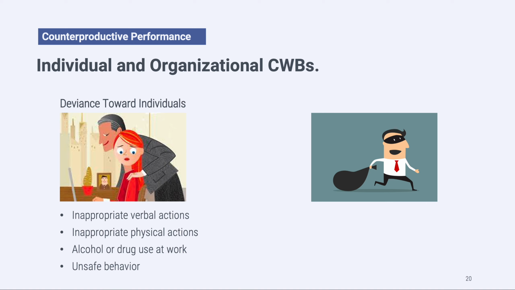Someone who might not follow protocols if they're driving on the road, if you're a delivery driver and you drive too fast, or you don't wear your seatbelt, all of those can endanger other individuals, or the person themselves. You can also include seeking revenge on colleagues as well. So some individuals might feel as though they've been mistreated or wronged, and so as a result, they attempt to take revenge on those individuals and harm them in some way.